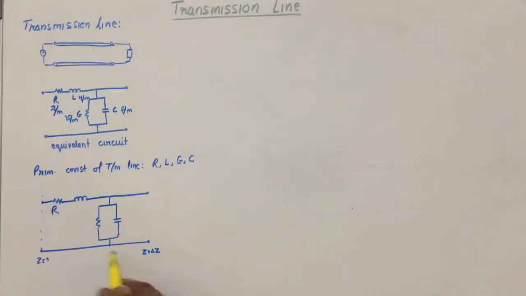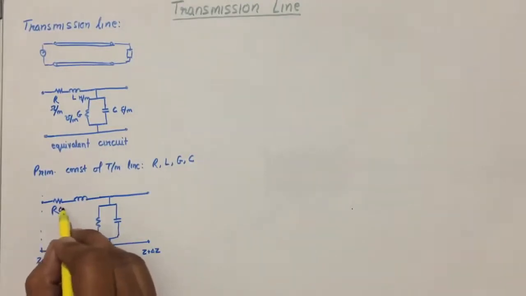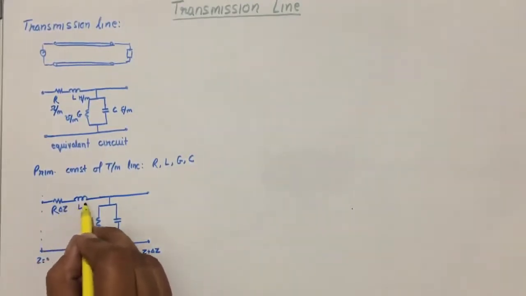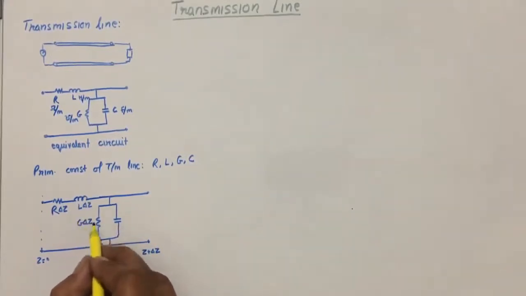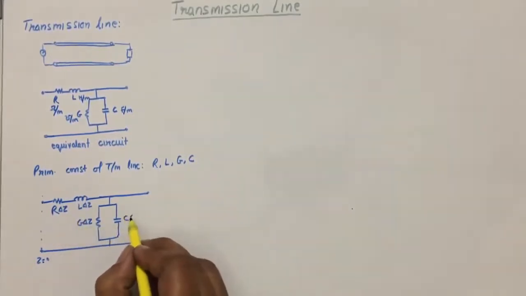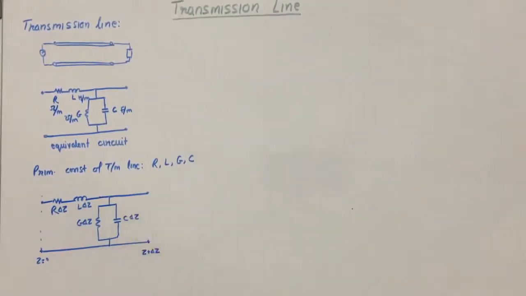So for delta z, the resistance will be R delta z, L delta z, G delta z and C delta z.